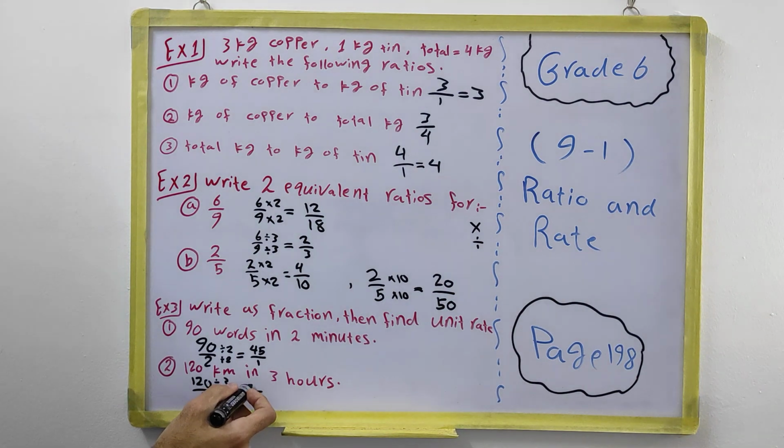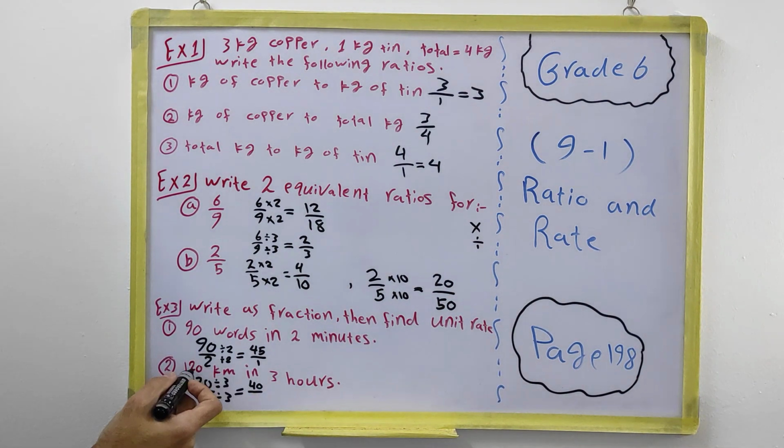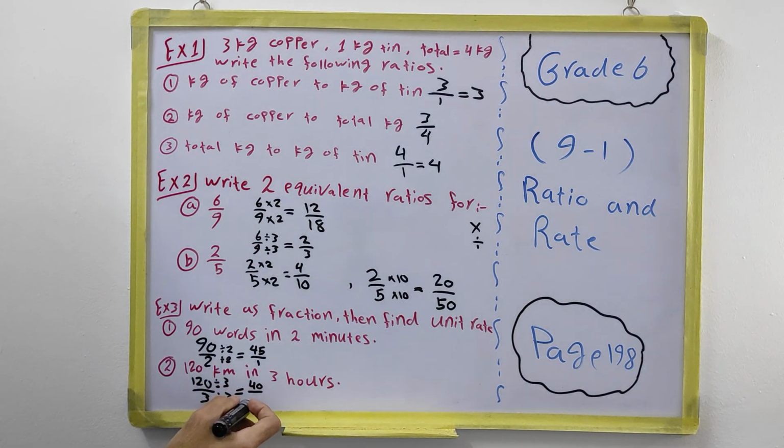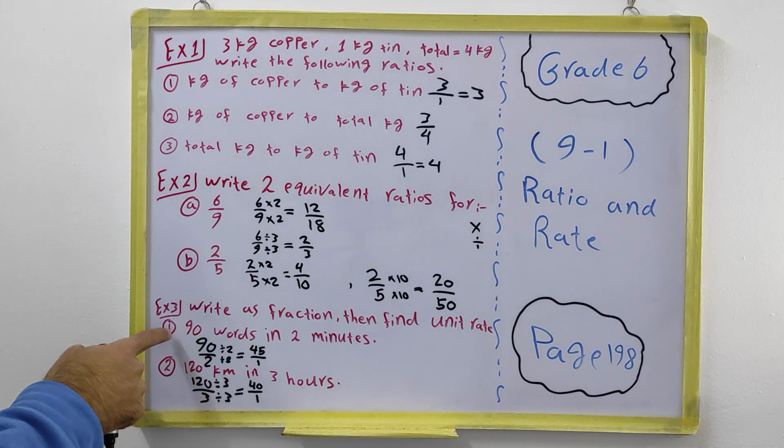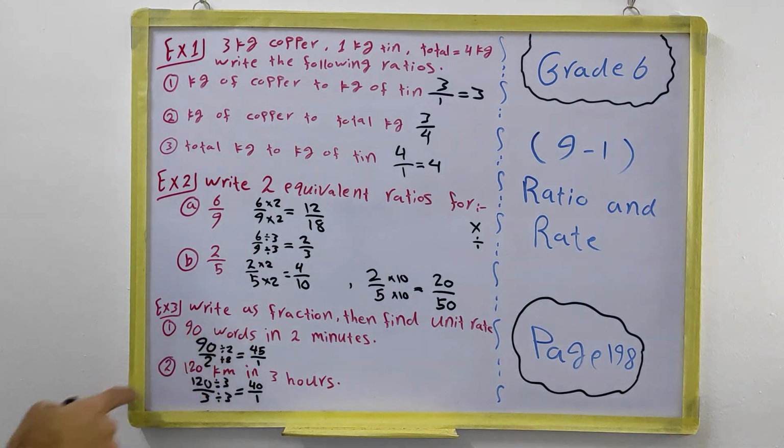The answer is 40 kilometers. 120 was for the kilometers and 3 was for the hours. So it's 40 kilometers in 1 hour. That's how to find the unit rate. The unit rate for the speed is 40 kilometers in 1 hour. The unit rate for typing words is 45 words per minute, or in 1 minute.